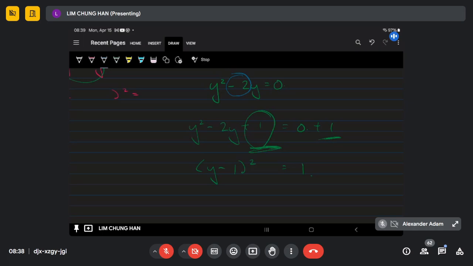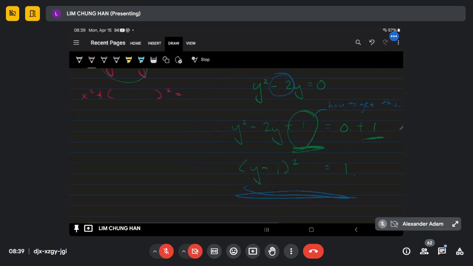I'm not going to give you the answer. You try to find out why. How to get this number so that you can factorize it. But basically, to factorize it, you have to put plus 1 on the left hand side and then plus 1 on the right hand side. Then it allows you to factorize it. You find out on your own how I get the 1.